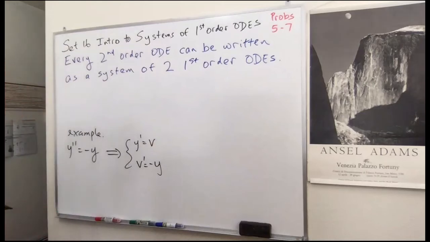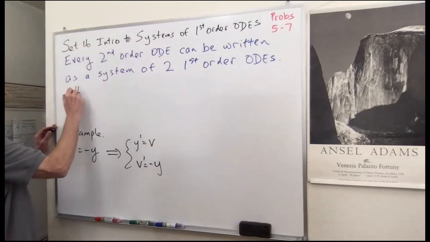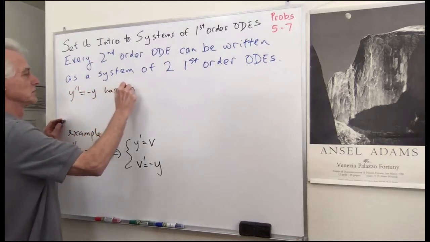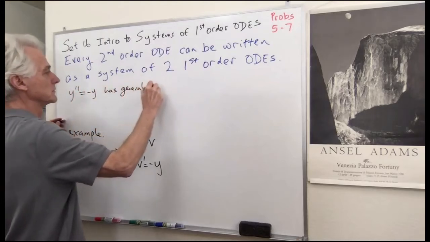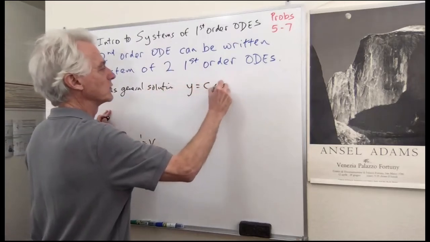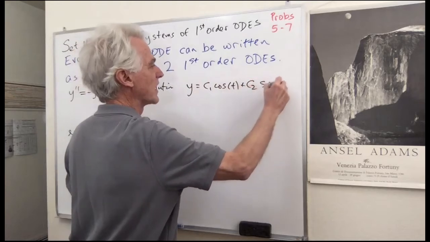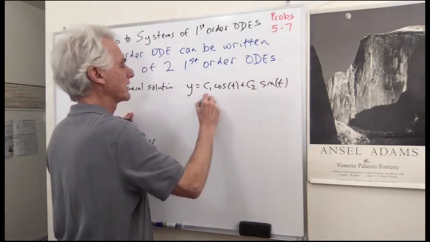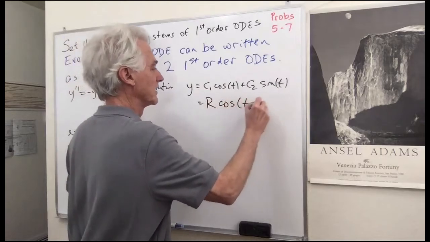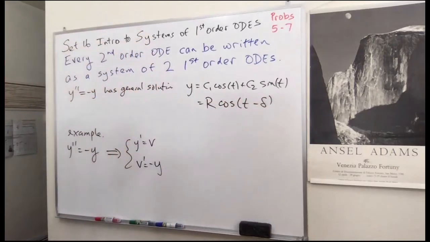Let's think a little bit about a picture that goes with it as well. So if I have y double prime equals minus y, this has the general solution y is c1 cos t plus c2 sine t, which I might like to write as y is r cos of t minus delta.